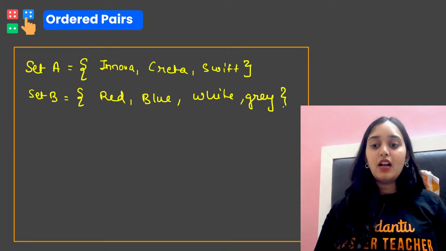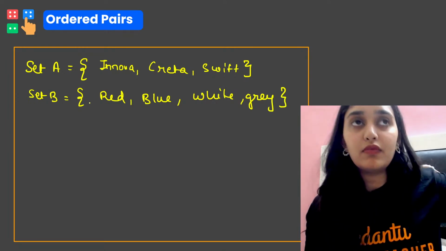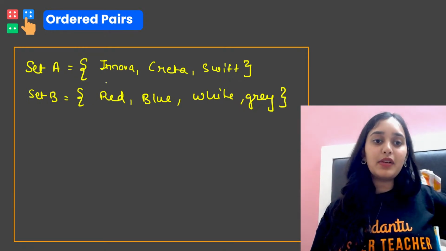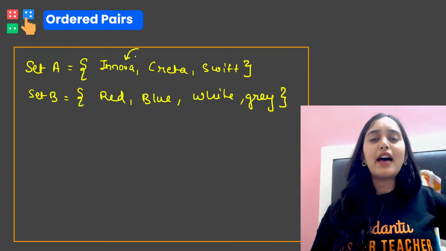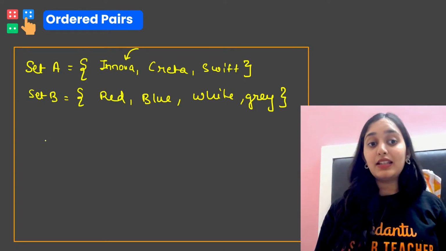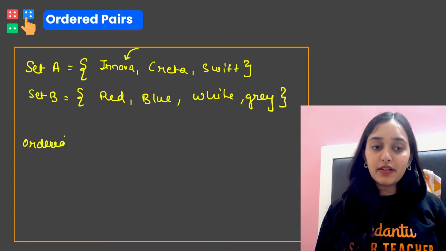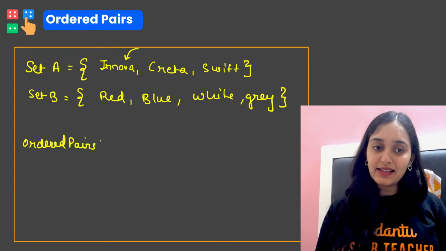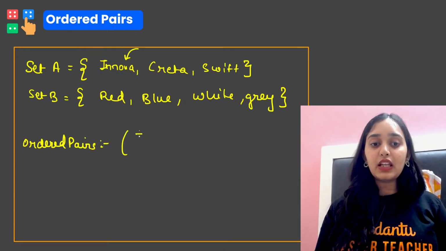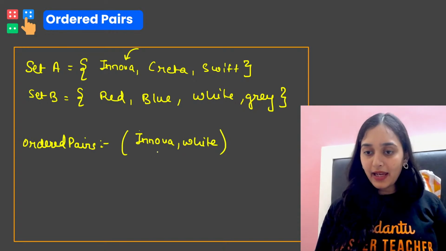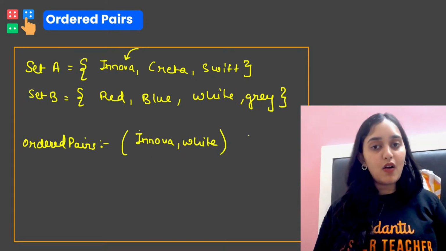Now if I want to represent that, suppose the customer asks in which colors the Innova car is available. I can represent it in the form of an ordered pair. I can form ordered pairs as follows. Innova of white color. I will denote the car name and the color separated by a comma.